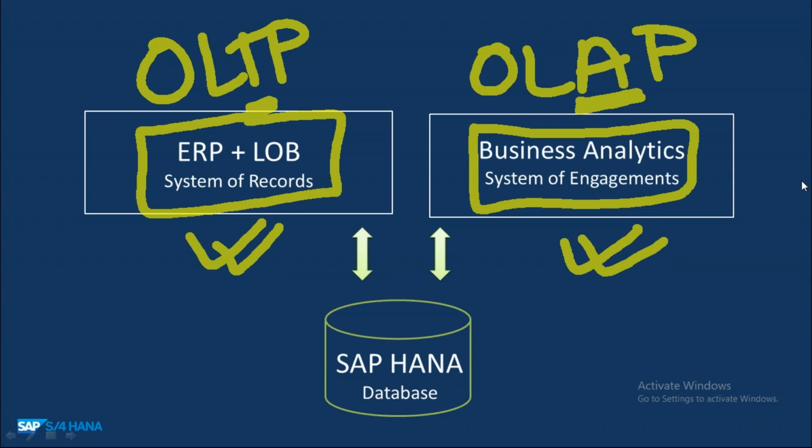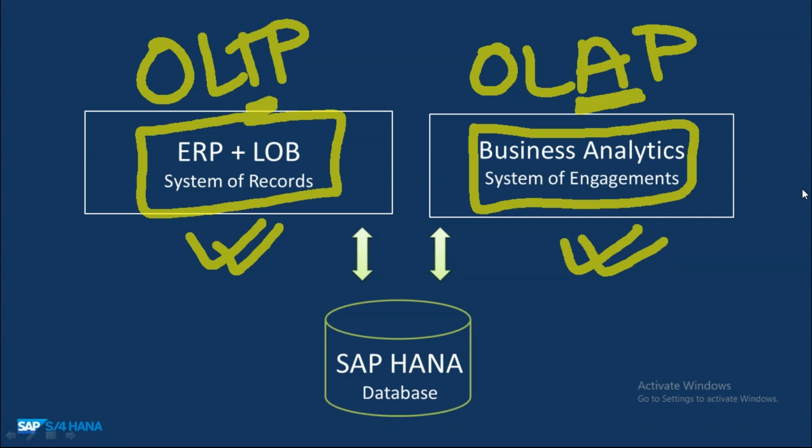Now, there could be different strategies implemented by different customers. Small and medium customers can use just one S4, and they have real-time reports also coming in from that S4 environment. But for a large enterprise system, we always need a separate analytical system because we are talking about terabytes, petabytes, yottabytes of data.